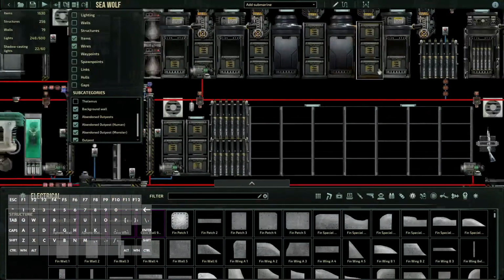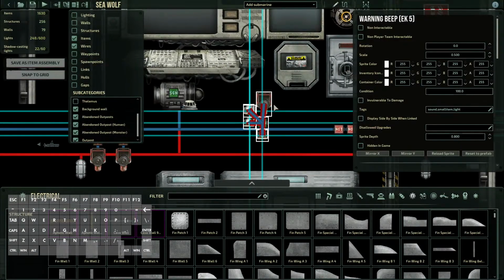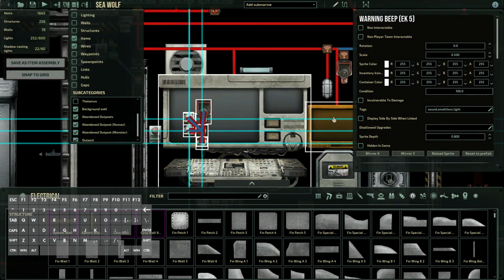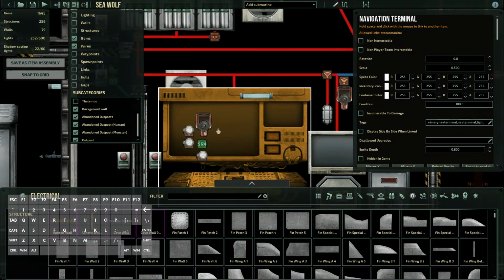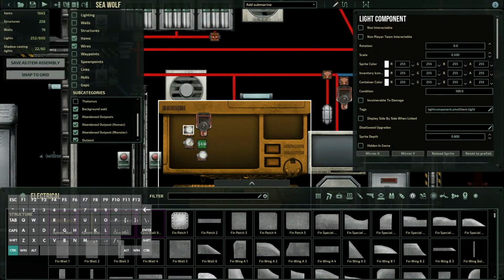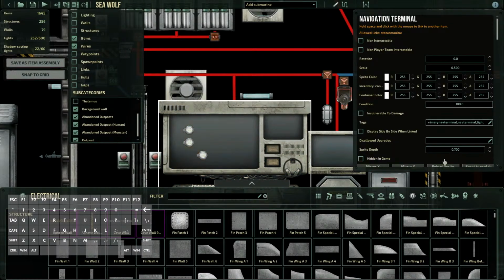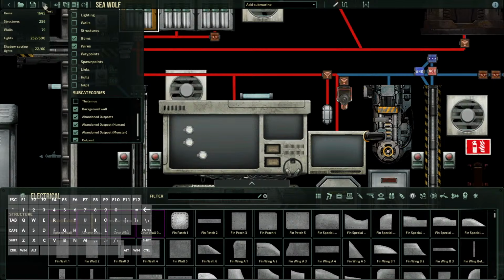I put them in the floor. Let's see how this goes.